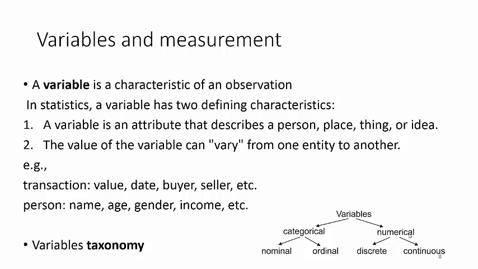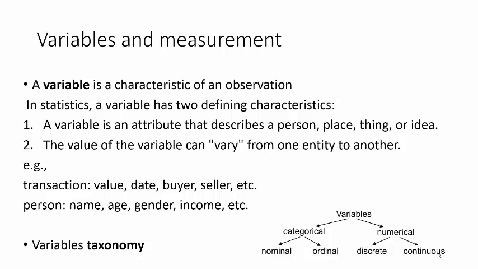Categorical variables take values that are names or labels. For example, the color of a ball, for instance red, green, blue, could be examples of categorical variables.